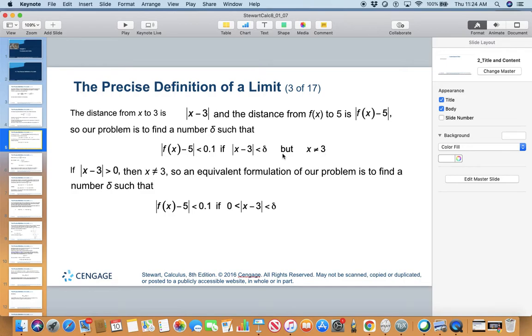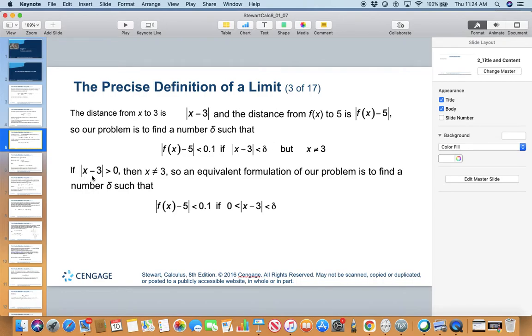So you see, this tells us x is very close to 3 and f(x) is very close to 5. How close to 5? The distance between f(x) and 5 is less than 0.1. So how close should x be to 3? Well, we need to reduce that distance.